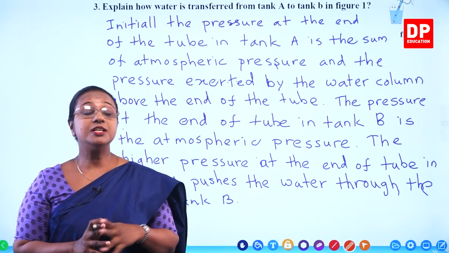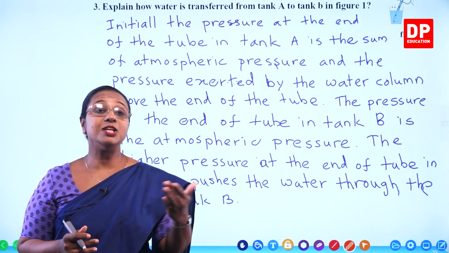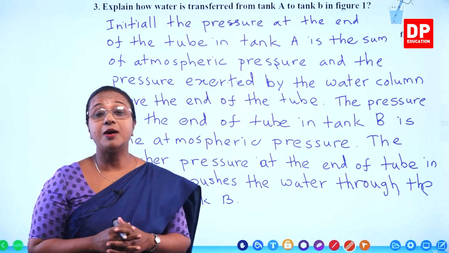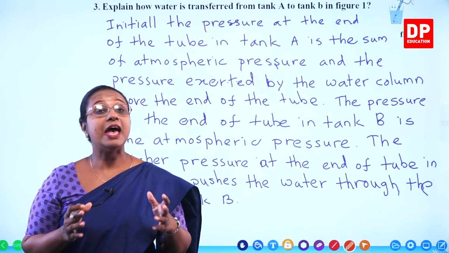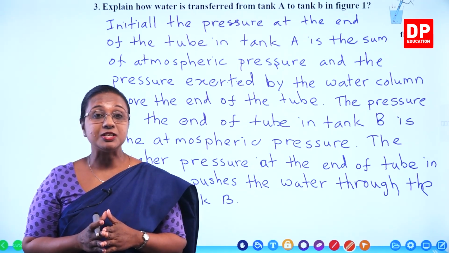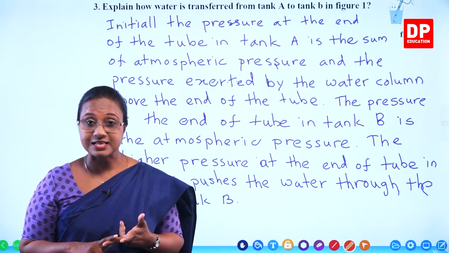I am sure, students, you would have also explained all these answers clearly and done the calculations properly. With that, students, I have come to the end of this chapter and for that matter, the end of this lesson. Under hydrostatic pressure, we discussed the pressure exerted by solids, then liquids and gases.